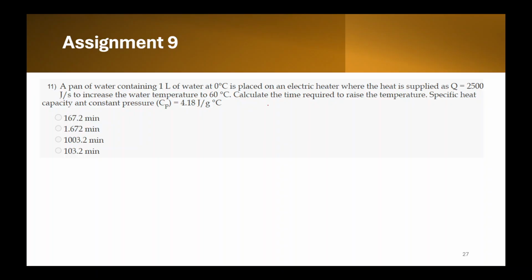Calculate the time required to raise the temperature, and the specific heat capacity at constant pressure is given to you. So from the energy balance itself, dU by dt, this is the accumulation of internal energy. Because there is no flow in the system, and there is no shaft work, so this is your energy balance equation for this system.